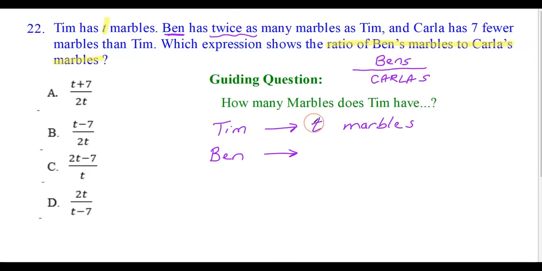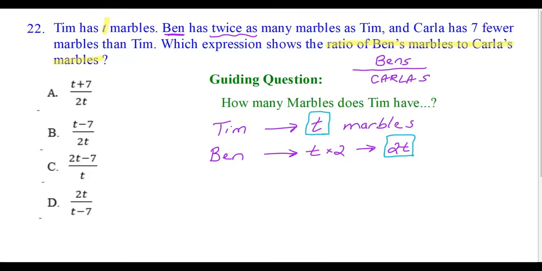So I'll take Tim's marbles, t, and multiply it by 2. Well, another way to write that is just 2t. Times 2 is the same as 2t. So now I know that Tim has t marbles, and Ben has 2t marbles.